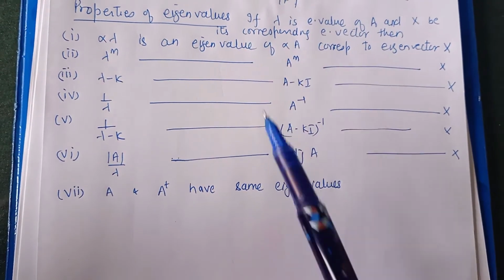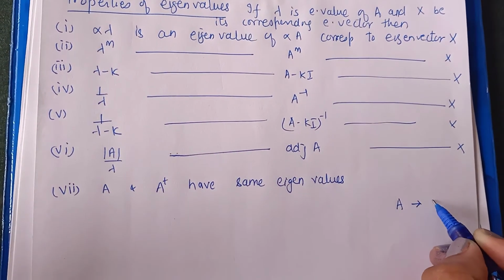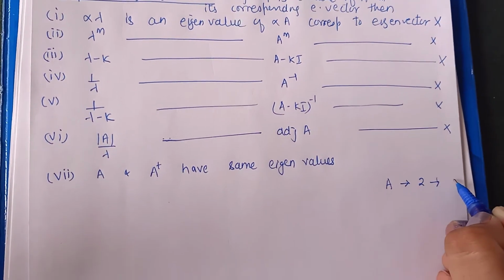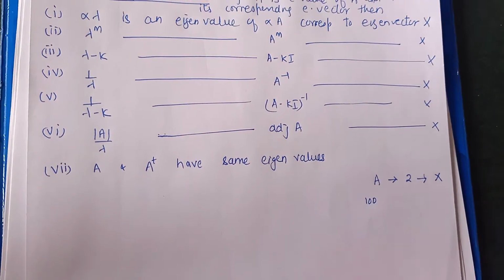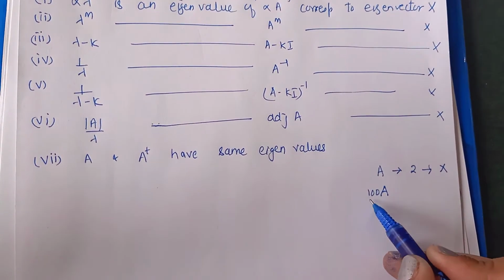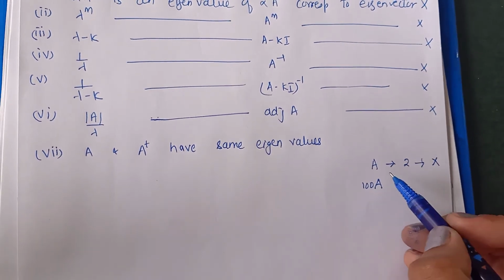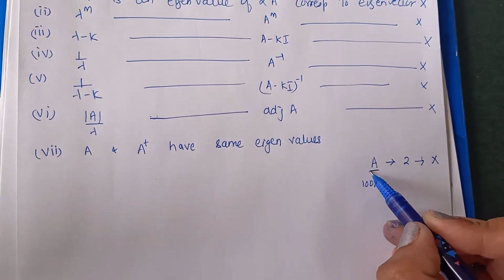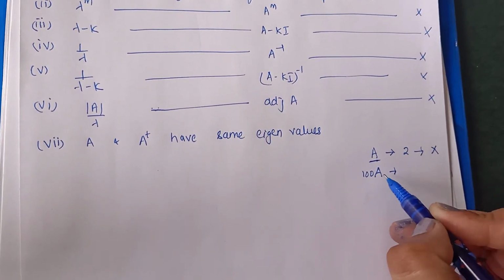with your matrix. For example, if A is a matrix whose eigenvalue is 2 corresponding to eigenvector x, then if you multiply your matrix A with any scalar, let me say 100 times, and you are to find eigenvalues of this matrix, then you will just find eigenvalues of A and multiply these eigenvalues with 100.